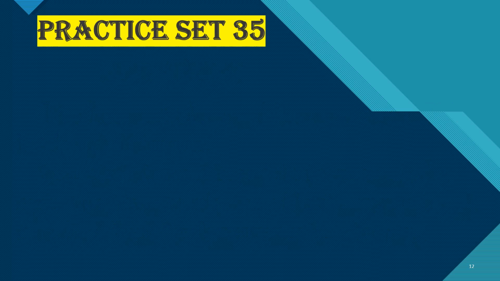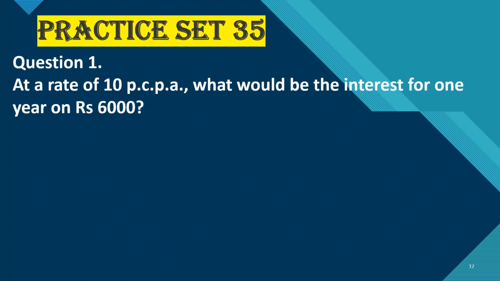Now we will discuss practice set 35. Question number 1. At a rate of 10 PCPA, what would be the interest for 1 year on rupees 6,000? So at a rate of 10%, we have to find out the interest for 1 year on rupees 6,000.